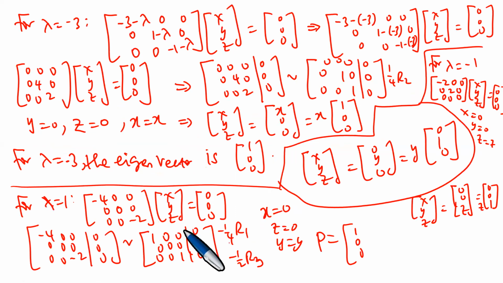For lambda equals 1, we did it here. 0, 1, 0. And then for the last one, it became 0, 0, 1. Ordinarily, these vectors need to be normalized, but these vectors are of unit length. These are unit vectors.